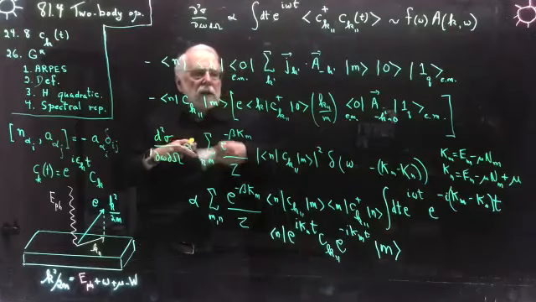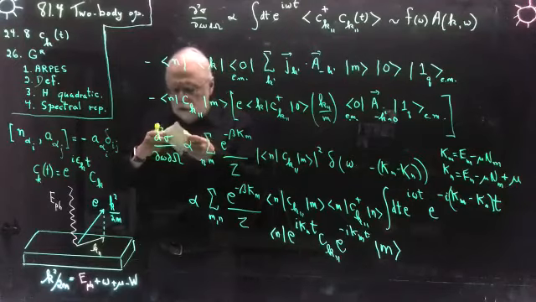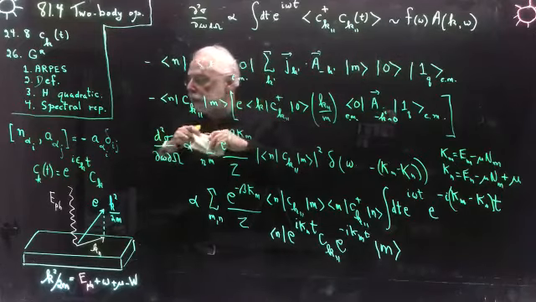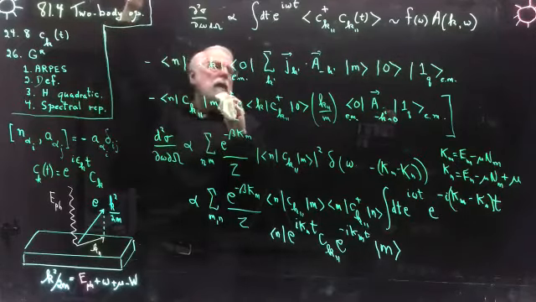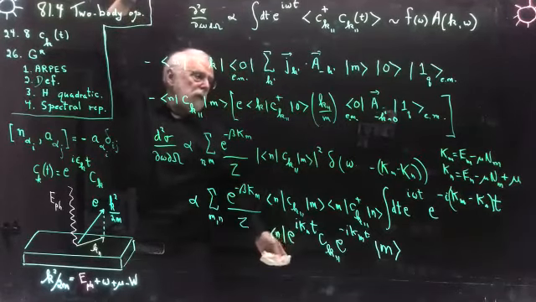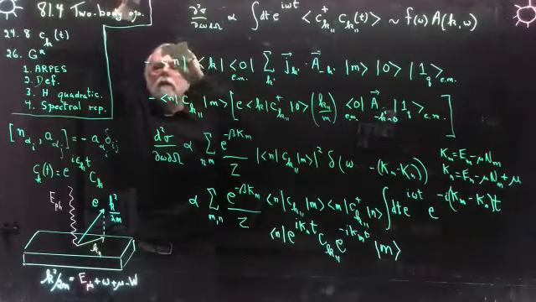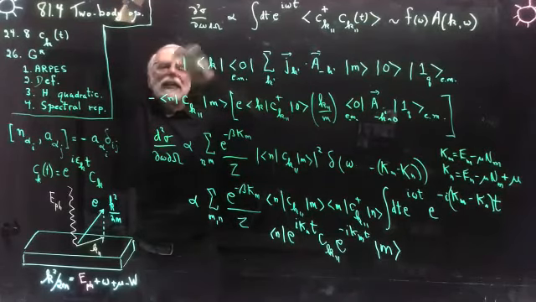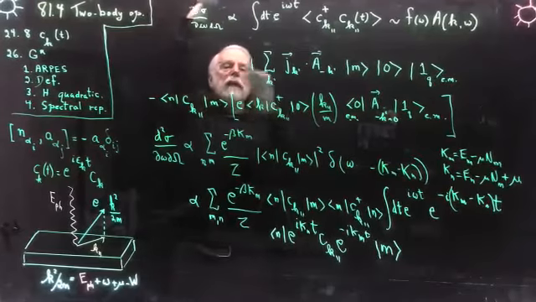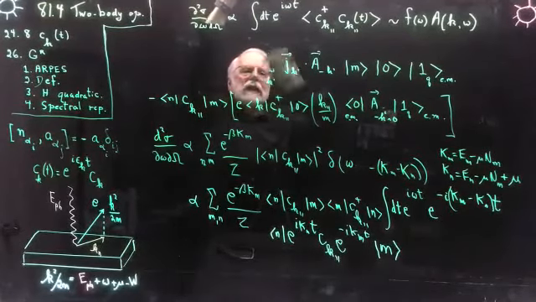Okay. So if we can measure this, we can measure the spectral weight of the single particle Green's function. Okay, so the details of the derivation here are not so important. They follow exactly the same pattern as what we did at the beginning for a general scattering process.